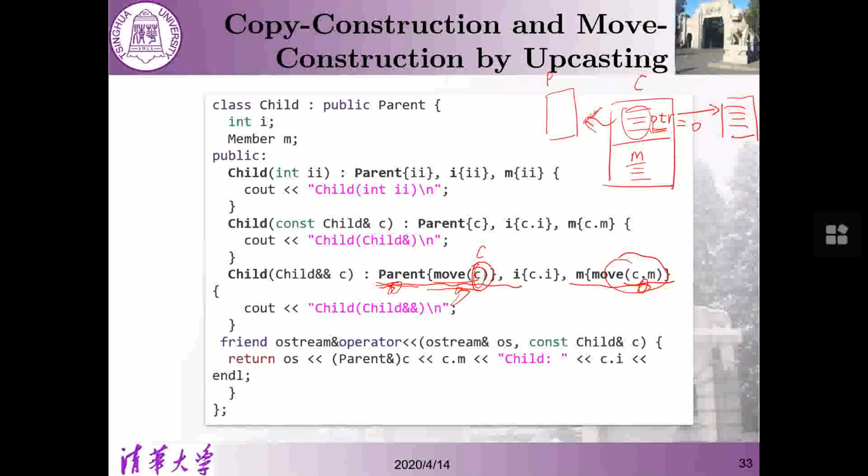So this part is invalidated. We cannot use it anymore. However, this part remains after calling this. That's why we can do this. Okay, so this is the answer to our previous questions in class.